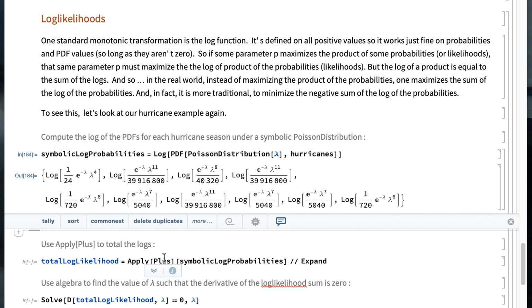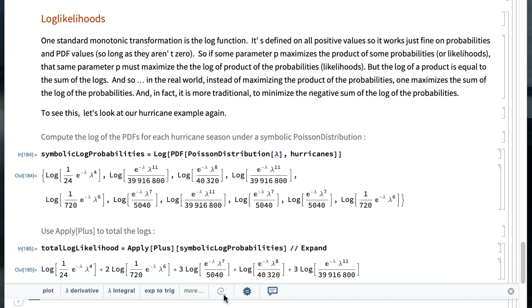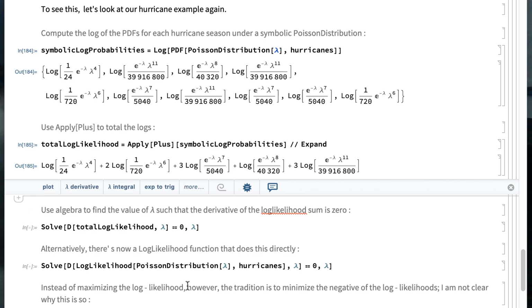And now, let's add up all of those logs together, and we'll just expand the result, and we get an expression in lambda. And it's kind of an icky lambda, but it turns out I can use some calculus and algebra to find out where the total log likelihood is maximized.